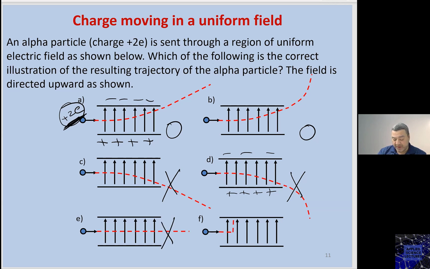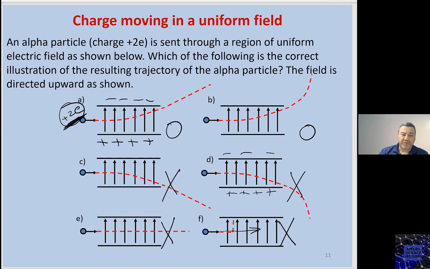This one deflects with 90 degrees, and this never happens because it would mean that the velocity became zero in this direction, and this is wrong. So we end up only with two figures, either A or B.